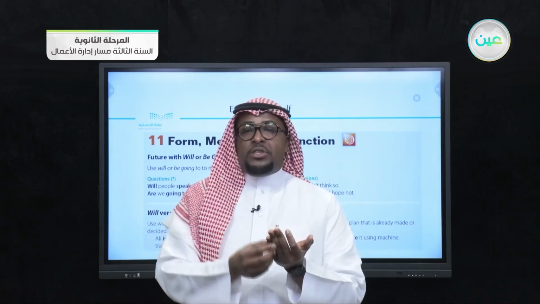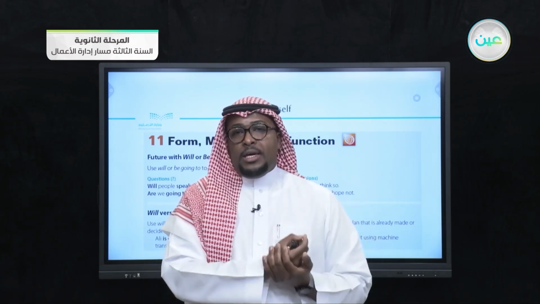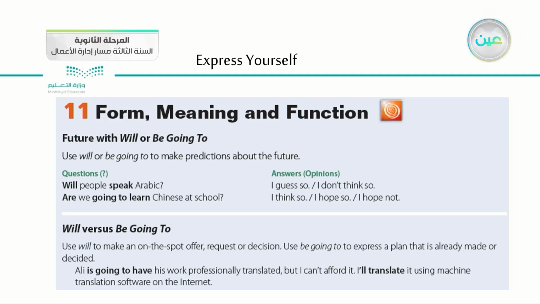All these three verbs are very important, and we use them with the future going to. So are we going to learn Chinese at school? And here we have the answers: I guess so, I don't think so, I think so, I hope not. So this is the first part, which is future, will, and going to.